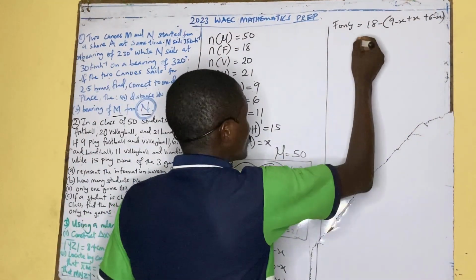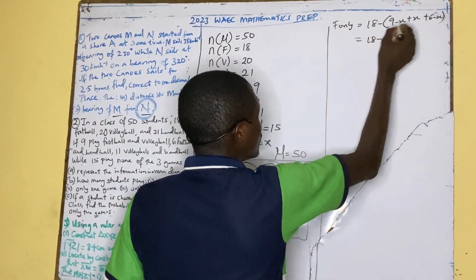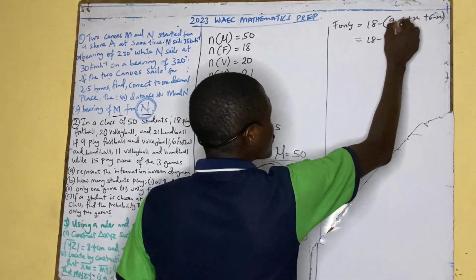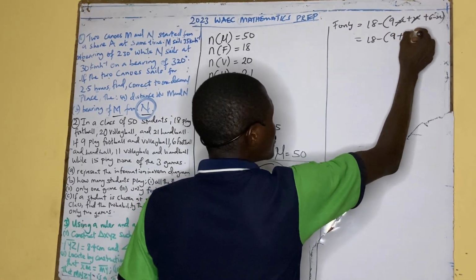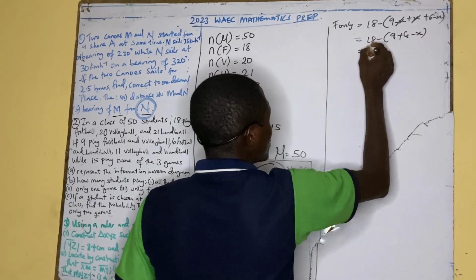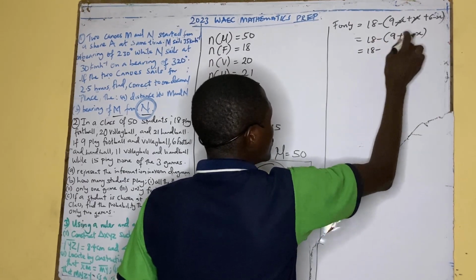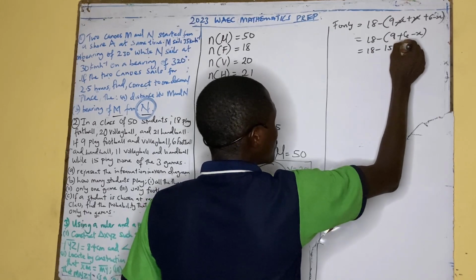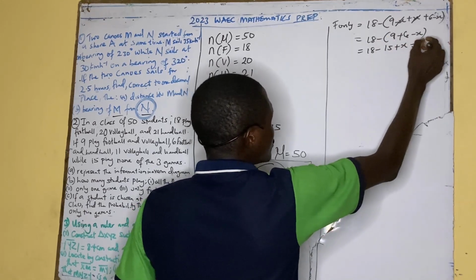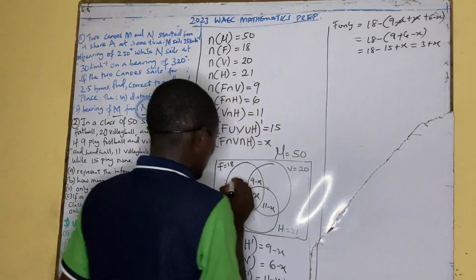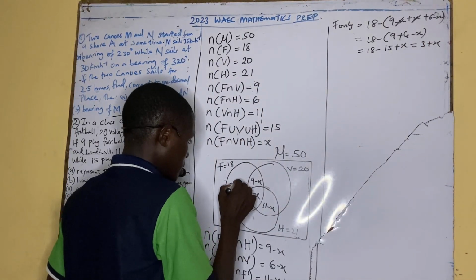So we have 18 minus, look at this, minus X cancels plus X, we are left with 9 plus 6, which is 15, minus X. So 18 minus 15 plus X gives 3 plus X. So this is 3 plus X.